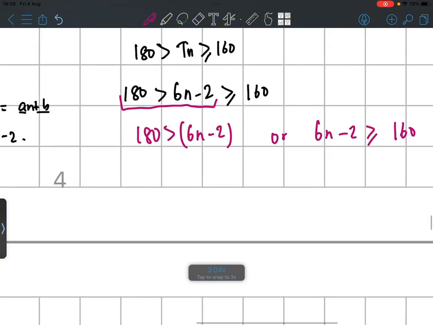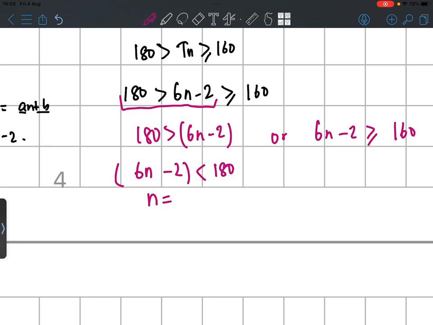So we solve for n. We can swap the sign of the inequality like this. So n is less than how much? 180 plus 2 divided by 6, so this is 31 over 3.